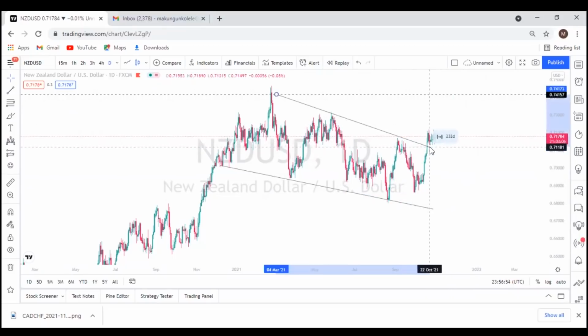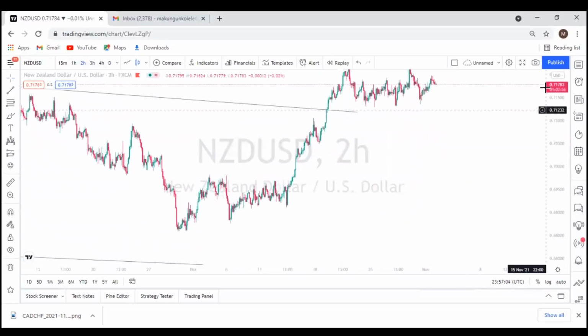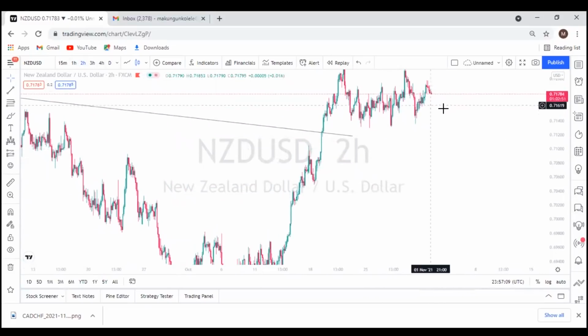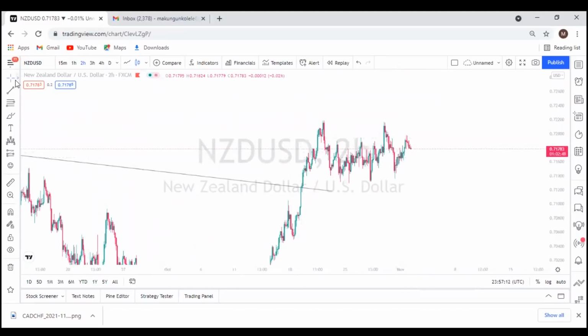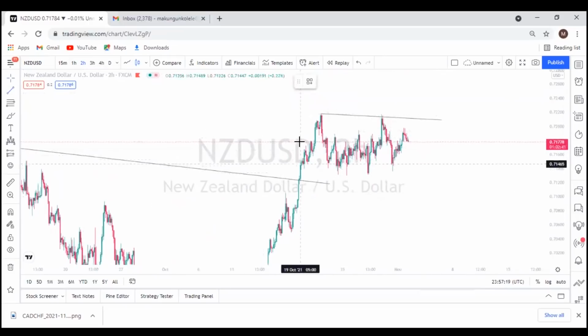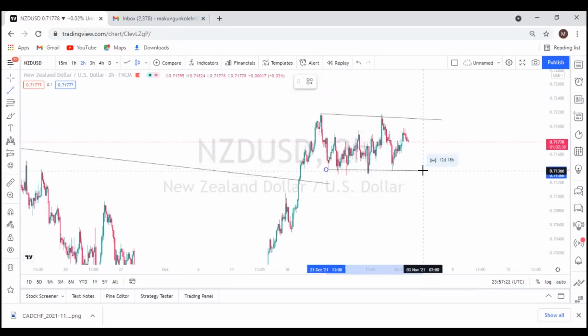So currently we are having a breakout here and a very, very attractive flag or correction, right? This is easy stuff to spot out. So we have our flag here, resistance and support.